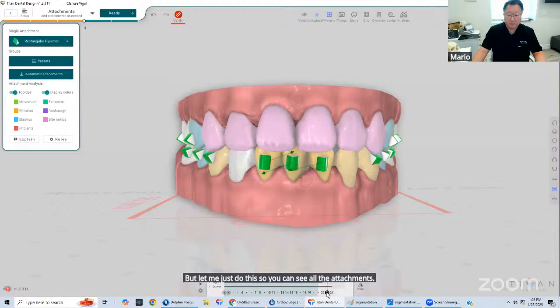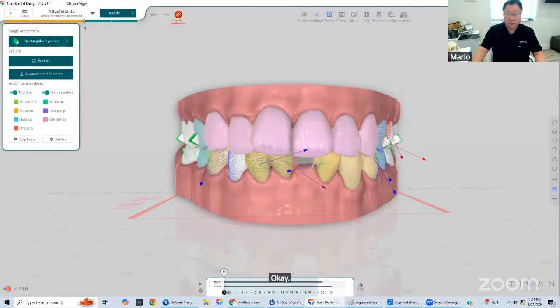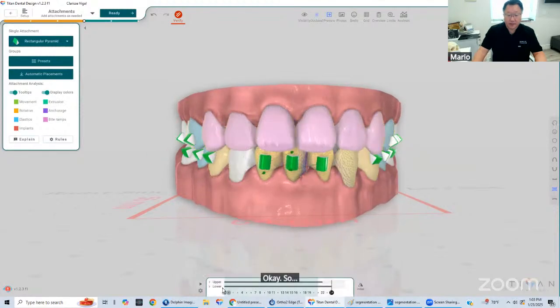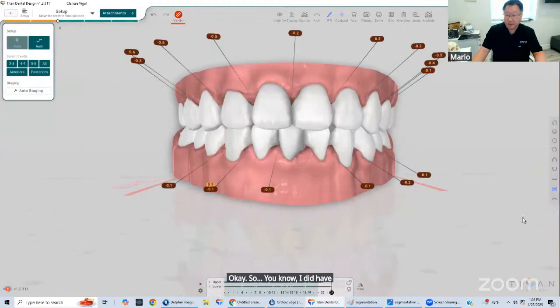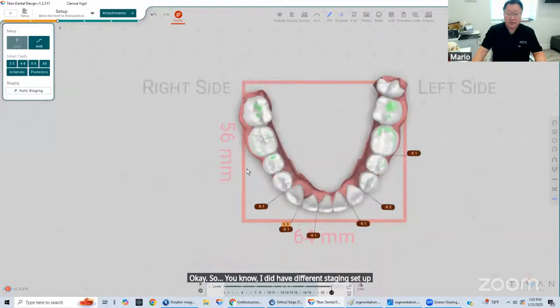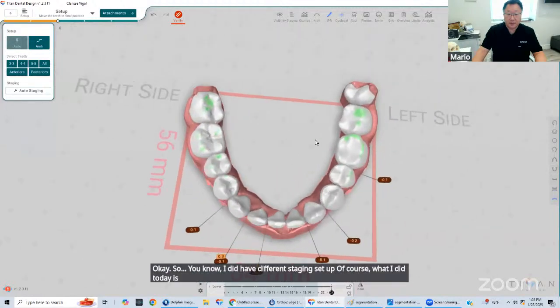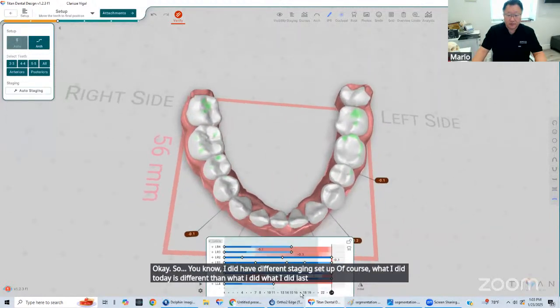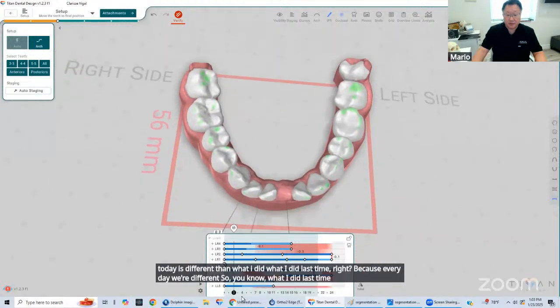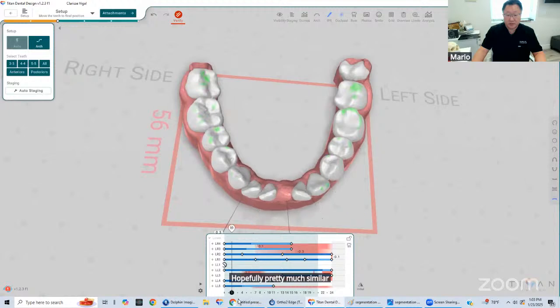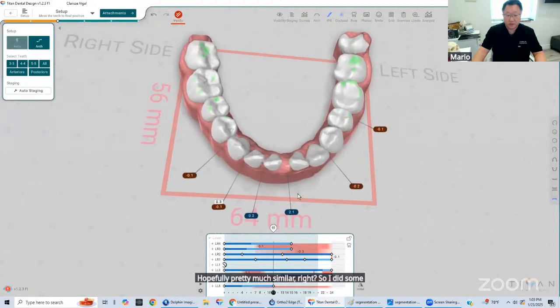Okay. So I did have a different staging setup. Of course, what I did today is different than what I did last time, right? Because every day we're different. So what I did last time is hopefully pretty much similar. I did some movement and I should show you this.